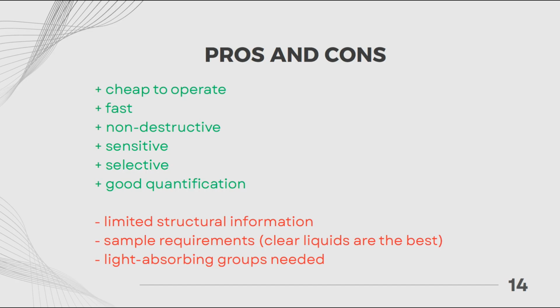Also, there are some requirements for the sample. In UV-Vis, we prefer to work with clear liquids, so you need a solution. Sometimes you need to dissolve your analyte, clean it, filter, etc., which brings you to some limitations.